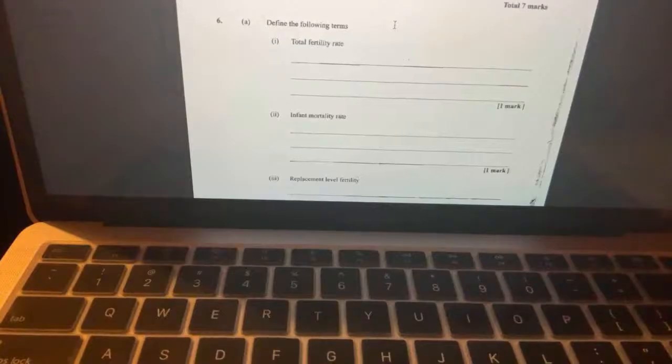Infant mortality rate is the rate at which infants die within a country. Agreeing with that again? And then replacement level fertility. What is that one?